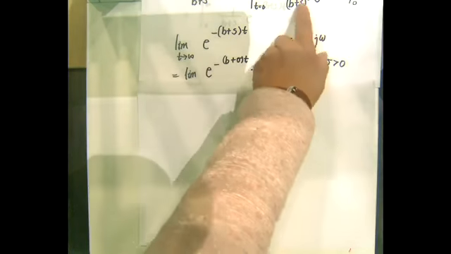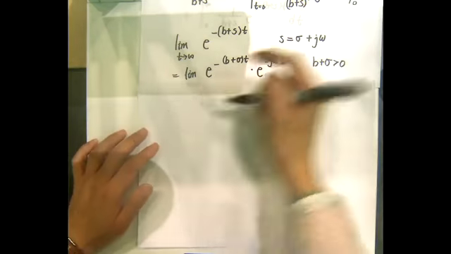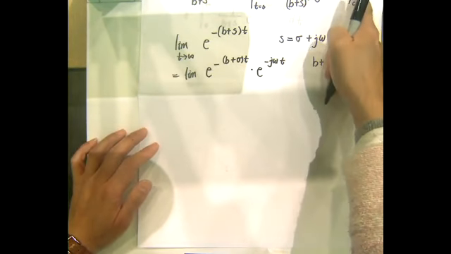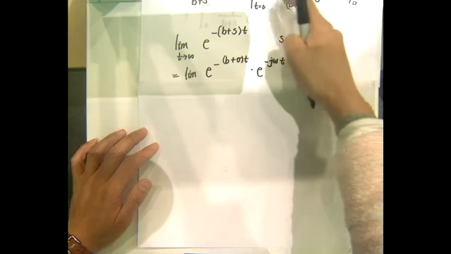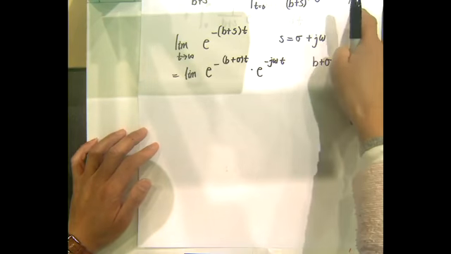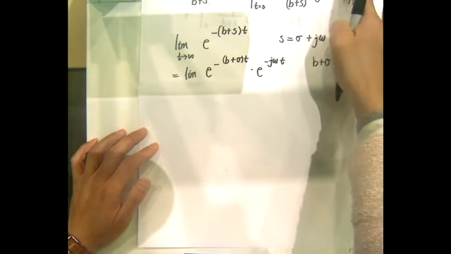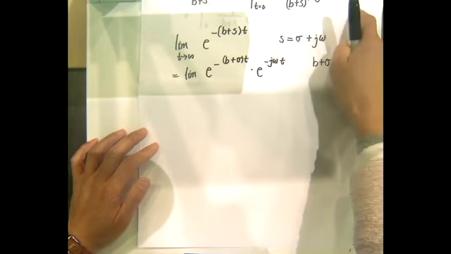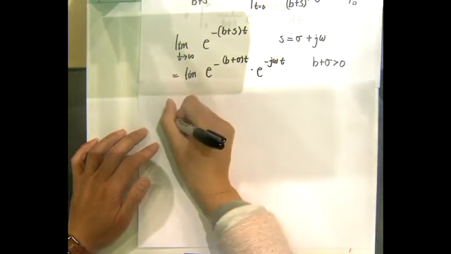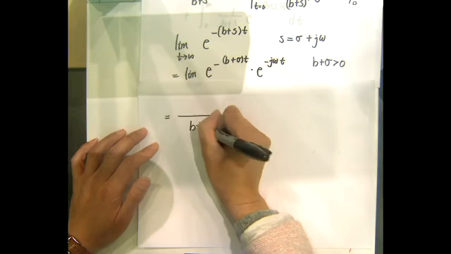And now if you consider this case, when t equals infinity, this term will be 0. It's a negative term. And when t equals 0, this term will be 1. And negative will be positive. So it will be 1 over (b plus s) squared.